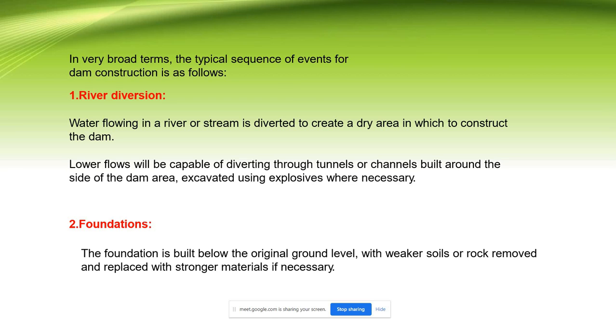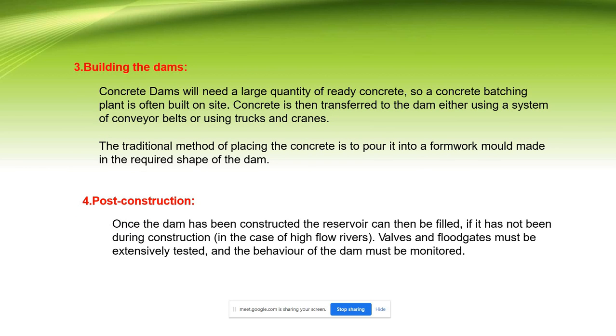Third one is building the dam. Concrete dams will need a large quantity of ready concrete, so a batching plant is often built on site. Concrete is then transferred to the dam either using a system of conveyor belts or using trucks and cranes. Fourth, post construction.